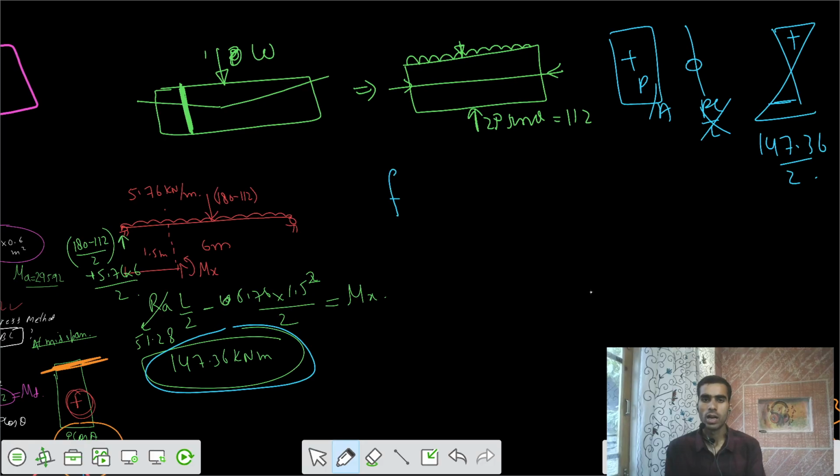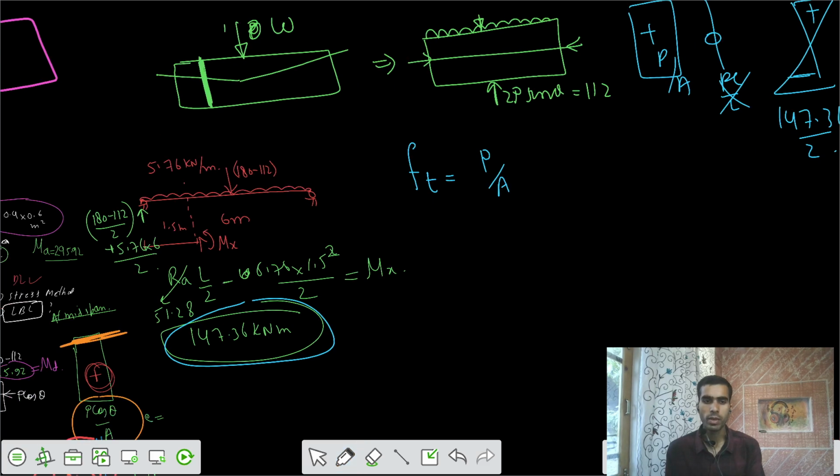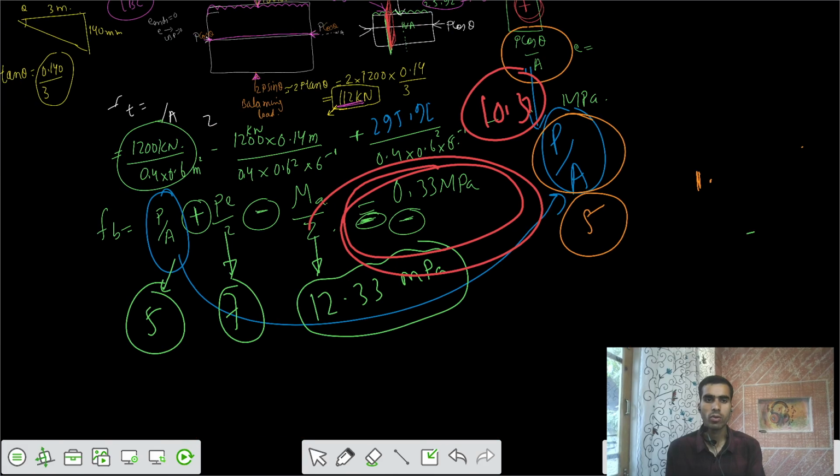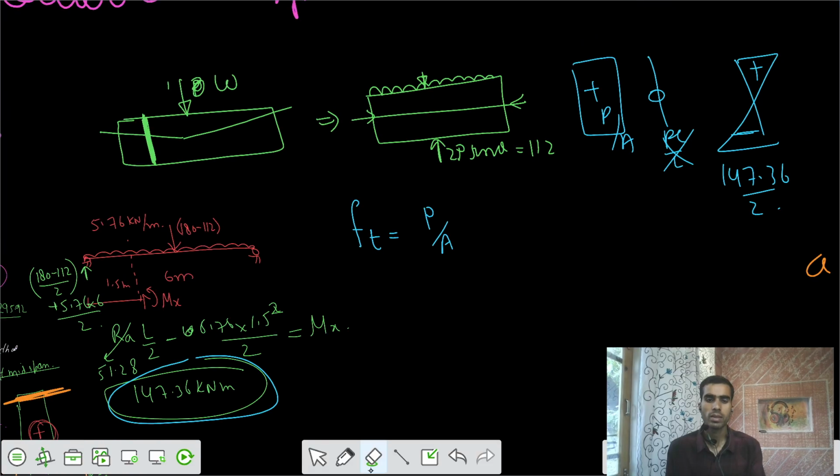Let's go for that. The stress at the top would be P by A. The value of P was given, and we have already calculated P by A as 5 megapascal. At the top we have a positive value, 147.36 divided by the section modulus.